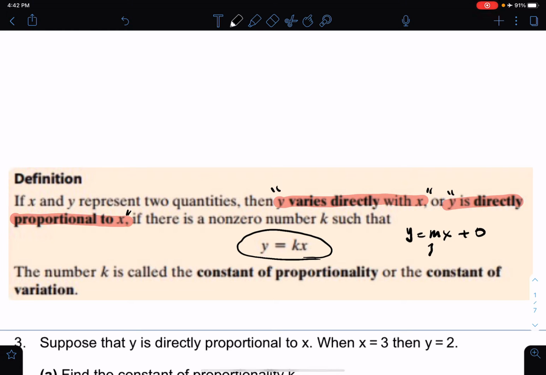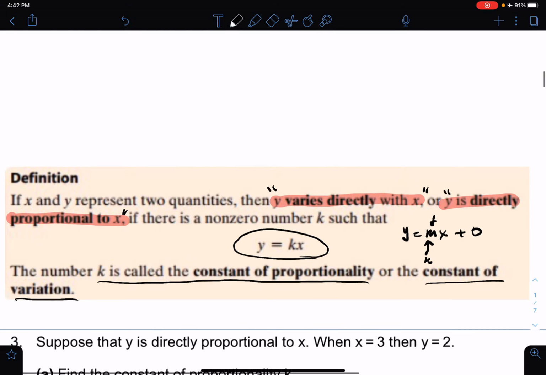And your slope is your k value, and k is called the constant of proportionality or the constant of variation. That's the value that sets the tone of it, just like your slope sets how that line grows consistently.